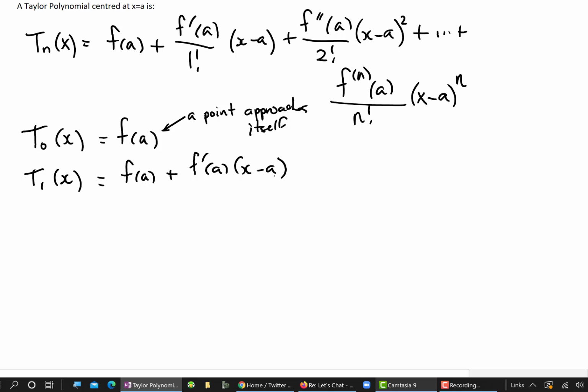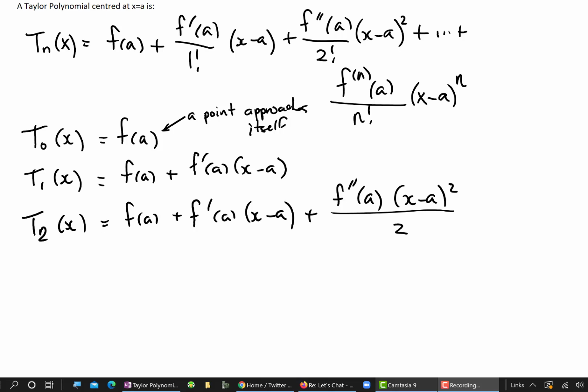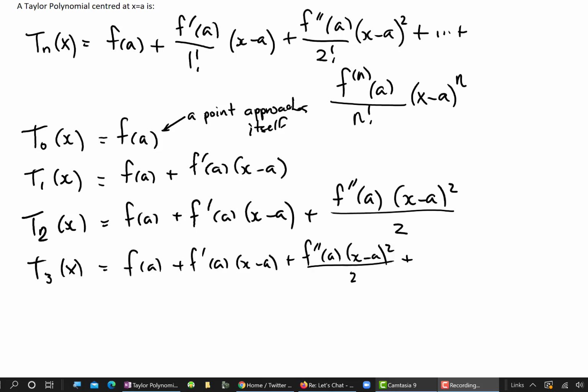So we can add a second Taylor polynomial. And we can add a third degree Taylor polynomial, in which we really just add a third derivative term to the end. And this is 3 factorial, so this is over 6.